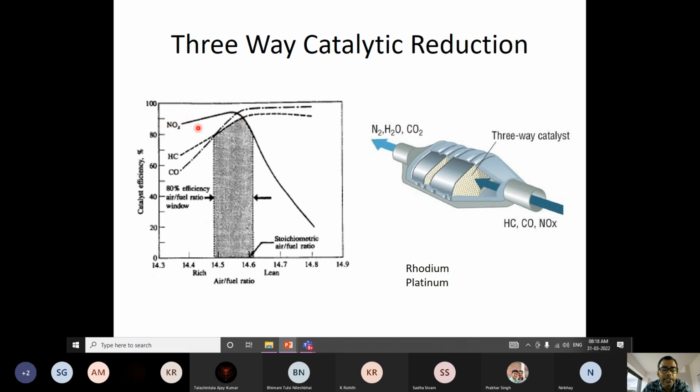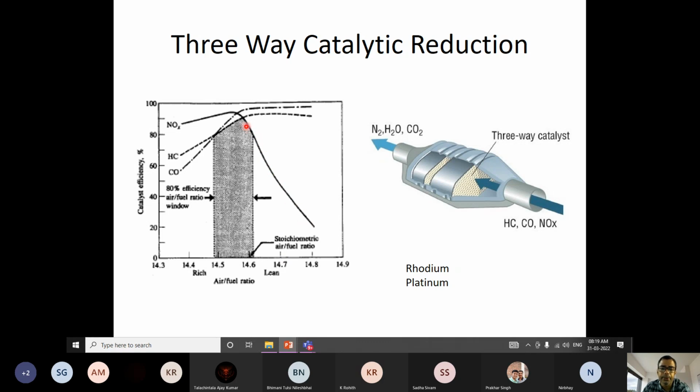The NOx conversion efficiency is very high as long as the engine is running close to stoichiometric or slightly rich mixture. But as soon as the air-fuel ratio becomes lean, the conversion efficiency of NOx is reduced drastically.